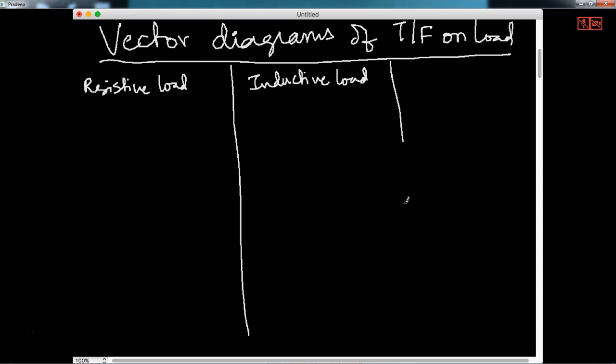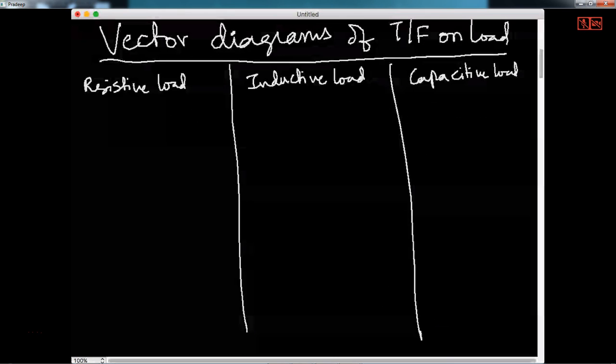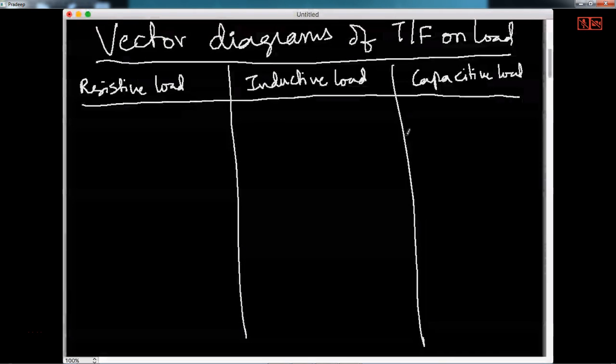And the third vector diagram, let me draw one more line, capacitive load. Okay, so let us understand these diagrams. It is very important to understand these diagrams, and this will come again and again. So first, I draw the supply voltage V1.